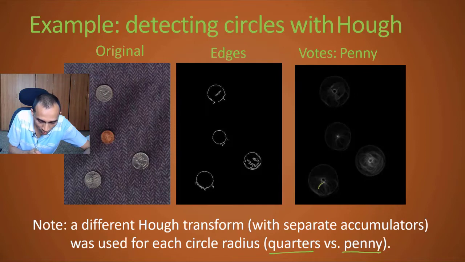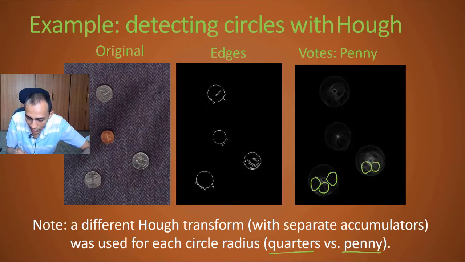So they are going to probably vote for all their locations. So that's why instead of getting one single location, you are getting multiple locations. Although the strength of that vote will not be as strong as this peak. So you can reject that if you are not interested in that. You will be able to know this is the exact location for the penny.